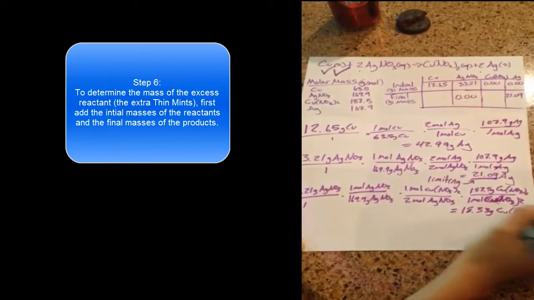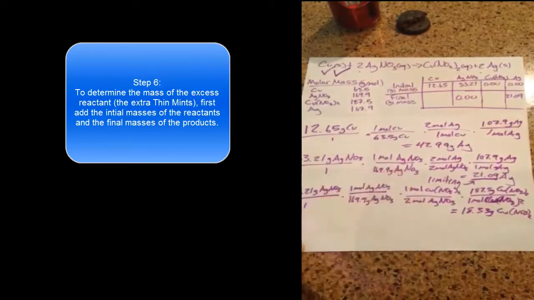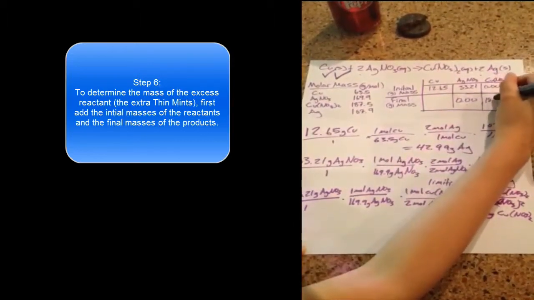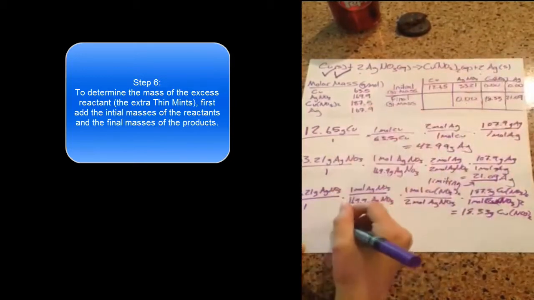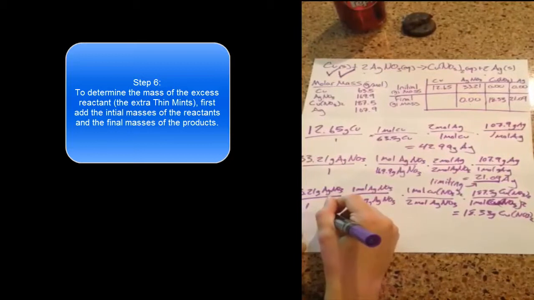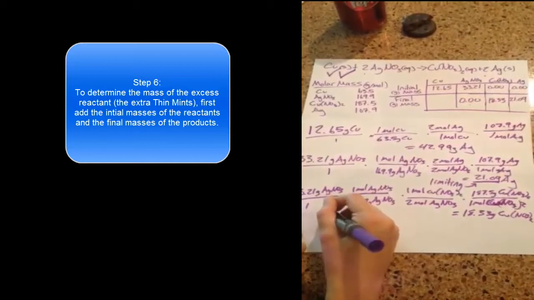According to the law of conservation of mass, the sum of your products should equal the sum of your reactants. Therefore, subtracting the mass of your limiting reactant from the mass of the combined products should give you the excess amount of the other reactant. In this case, it's copper.